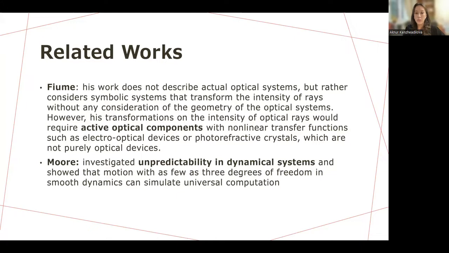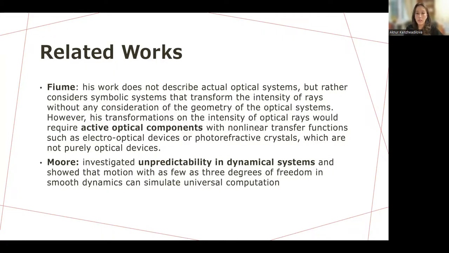The first abstract ray tracing problems have also been investigated by Reif. In his work, he does not describe optical systems, but considers symbolic systems, so it can transform the intensity of the rays without any consideration of the geometry of optical systems.